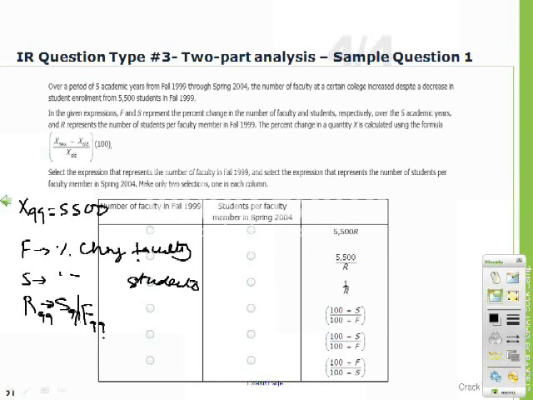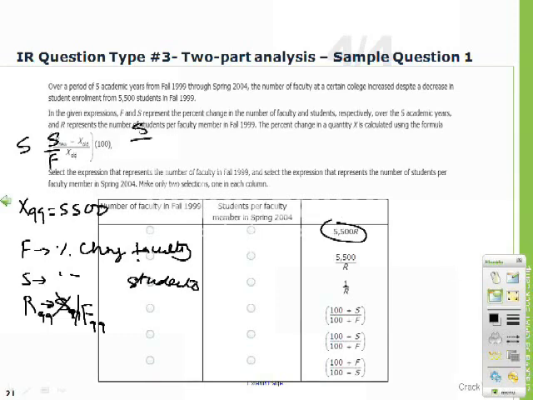So first is the number of faculty in fall 99. I know that this is the number of students, X99, sorry. I see that there is some correlation up here. So let's go with the options now. 5500 is students into students upon faculty. That's students squared upon faculty; the dimension itself makes no sense.